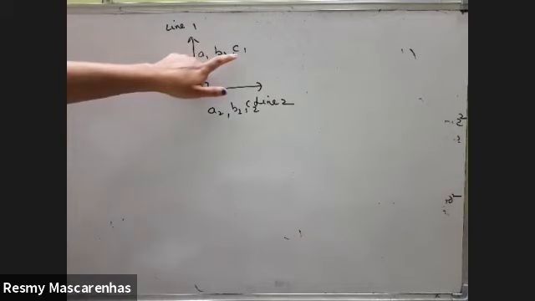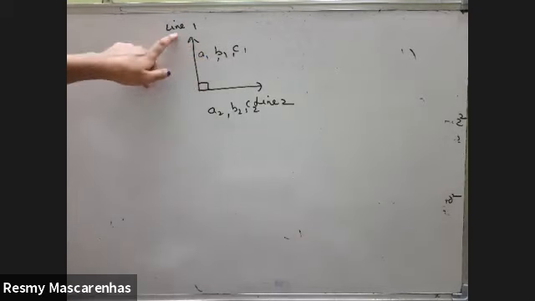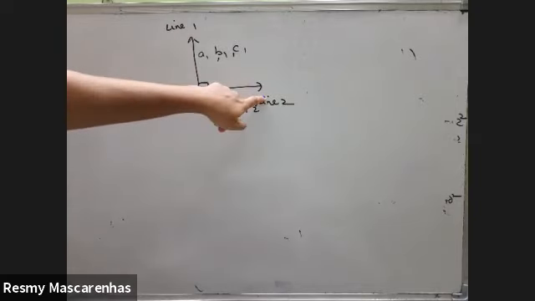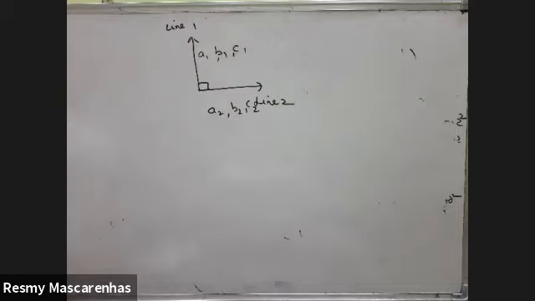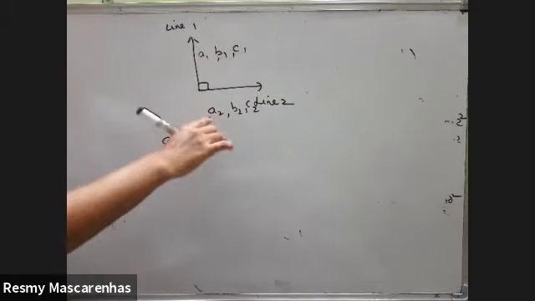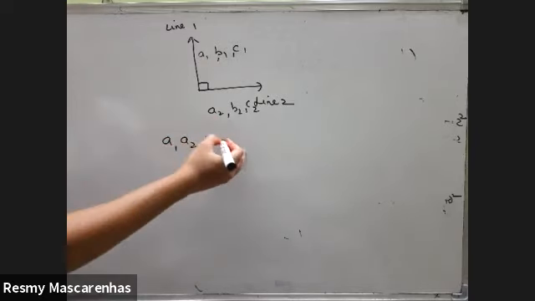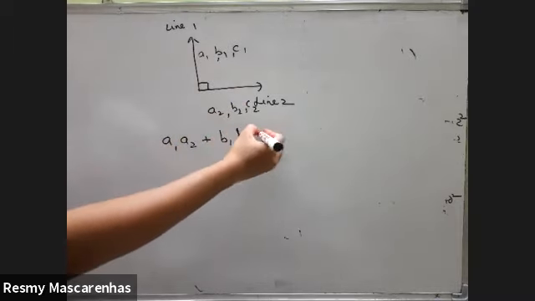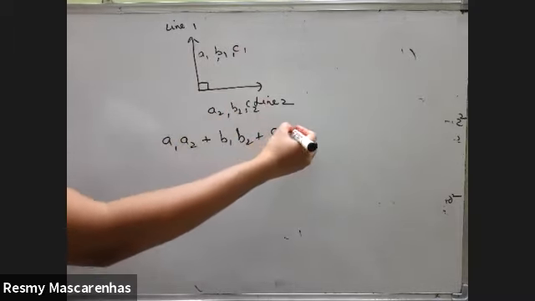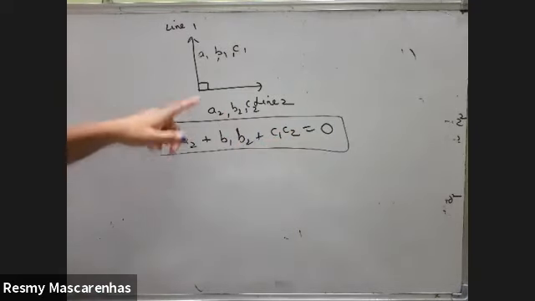Usually we write them like this, in commas. These are the direction ratios of line 1 and line 2. If these two lines are perpendicular, then the relation between them is given like this. This is a very important relation which might be required later to solve some problems: a1a2 plus b1b2 plus c1c2 is equal to 0. This works only if they are perpendicular.